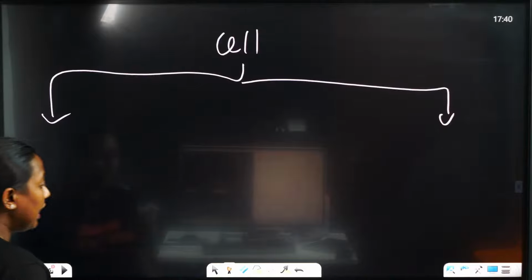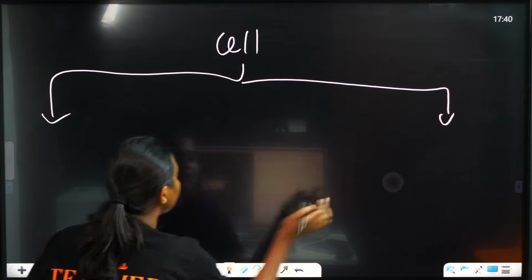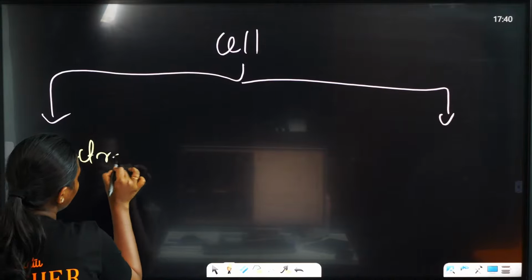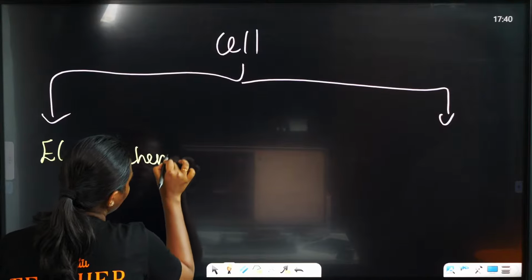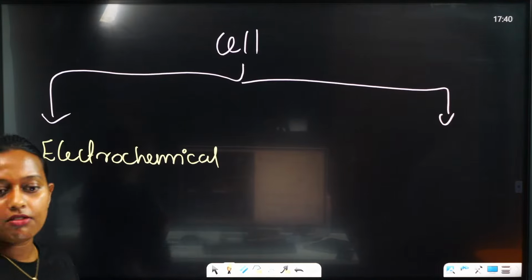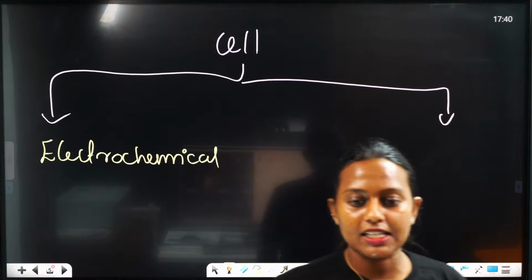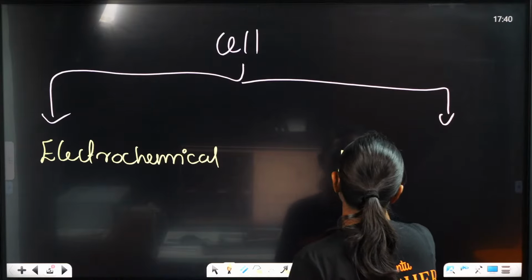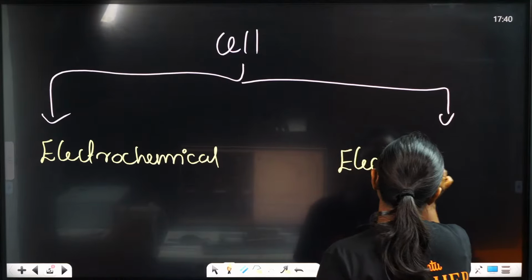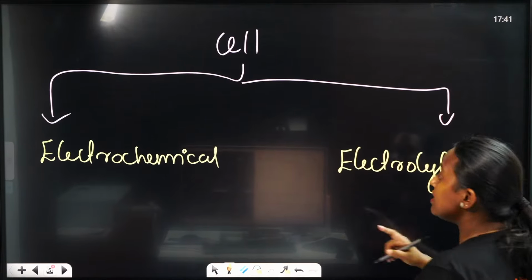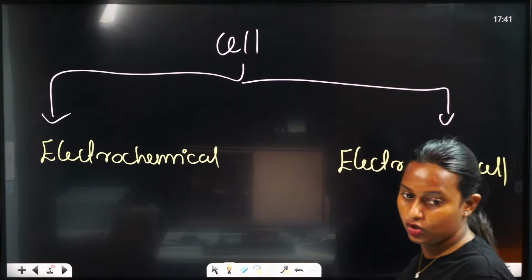One is the electrochemical cell, and another one is the electrolytic cell.